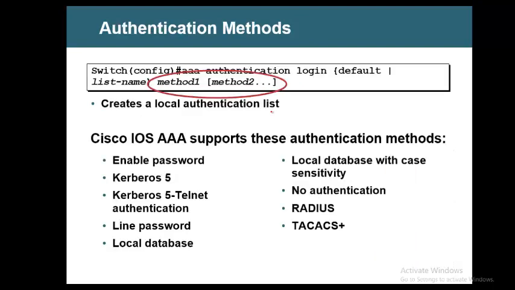Okay, so when we configure, this is the syntax that we need to follow. AAA authentication, when you want to authenticate, when you log in. There are various options, you will see them if you put a question mark. This is only during the login time.